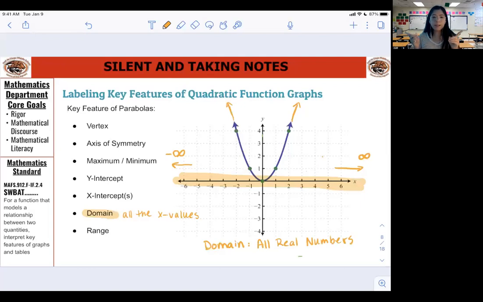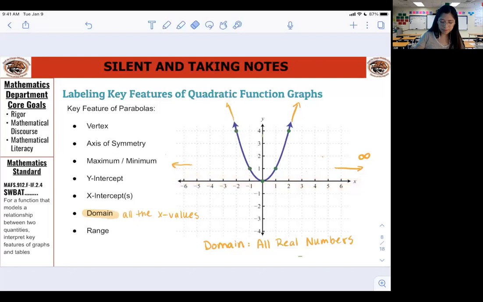And because it's hitting every single number in between, we call that all real numbers. So the domain is all real numbers. Questions on domain? Okay.